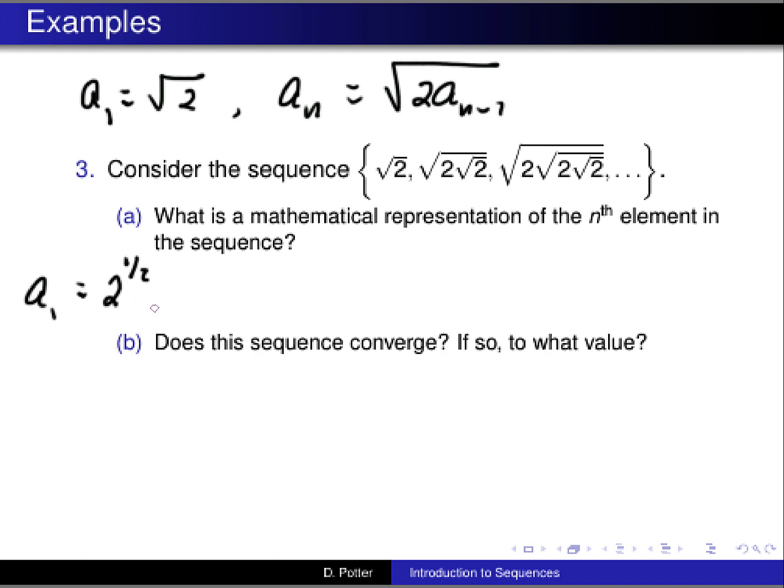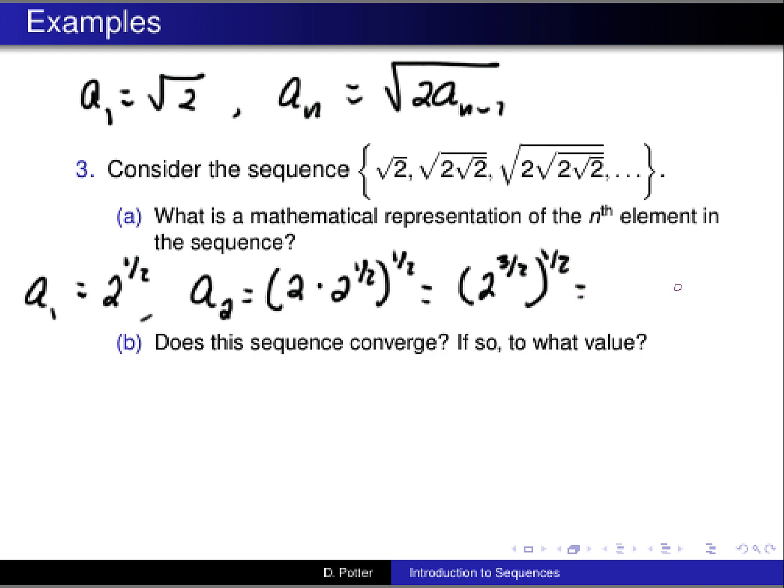All right. A sub 2 would then be 2 times 2 to the 1 half, all raised to the 1 half, which is, 2 times 2 to the half is 2 to the 3 halves, to the 1 half, which would be 2 to the 3 fourths.